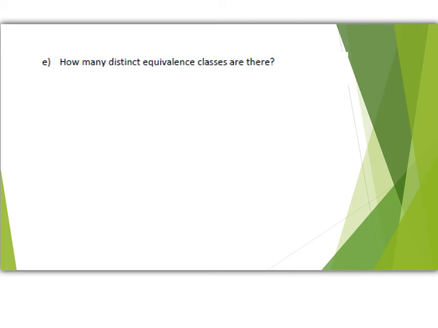In general, it is absolutely not true that all of the equivalence classes have the same size, but in this equivalence relation, every equivalence class is the same size. They each have size 2. So, in order to have 32 elements divided into equivalence classes of size 2, there will be 16 different classes.